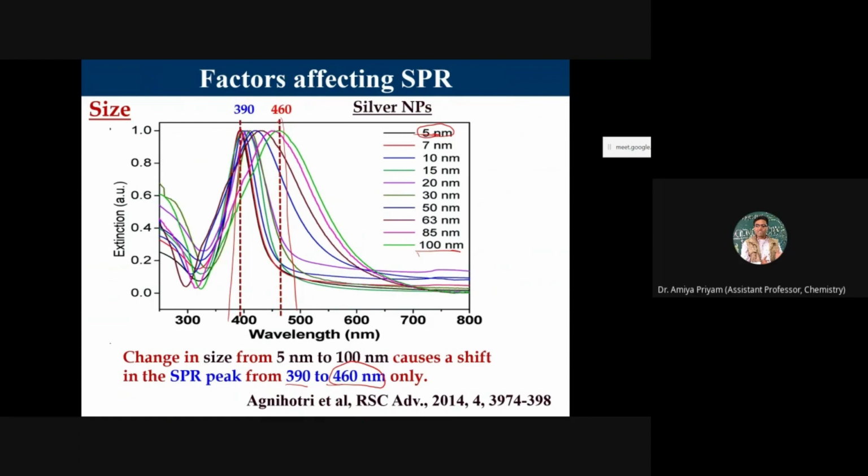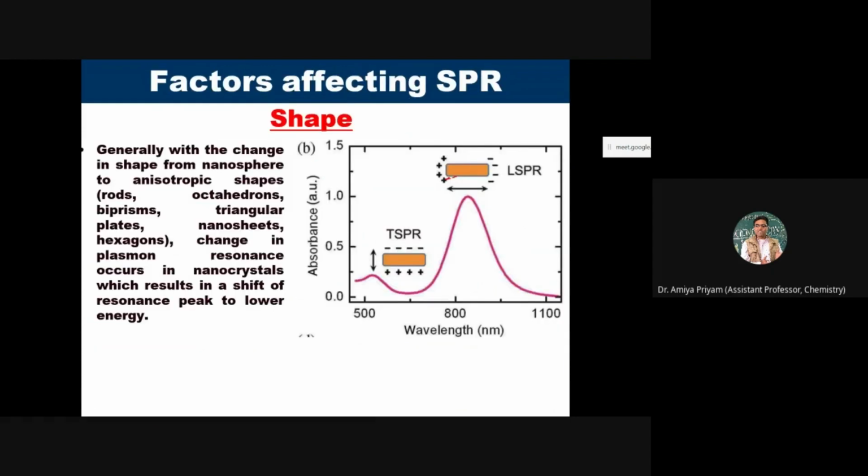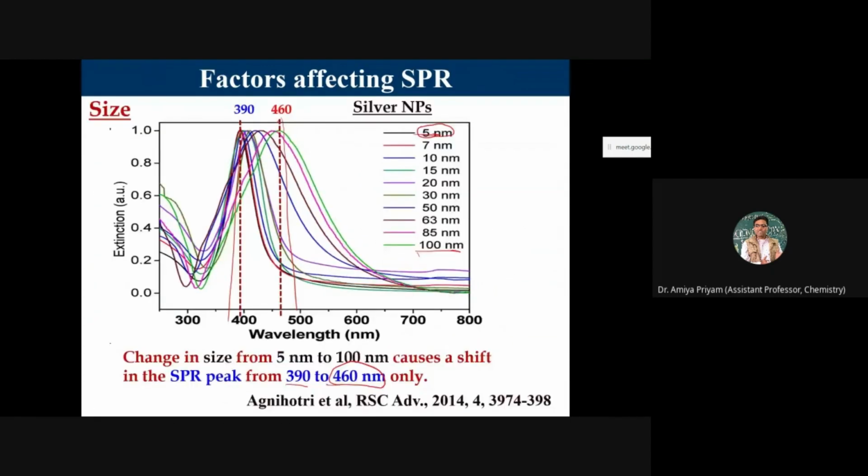As the size increases we have a clear change, but it is not sufficient, in the sense that we are not reaching the biologically transparent window, 650 nanometers and beyond, 800 nanometers and beyond.